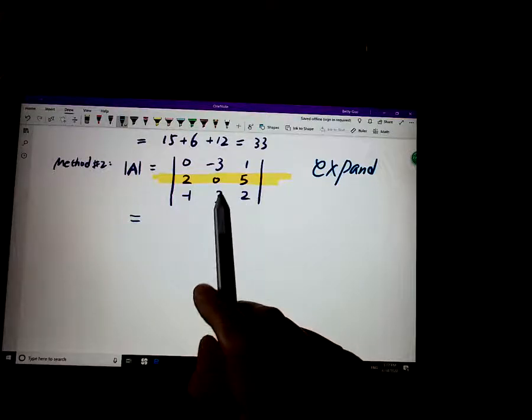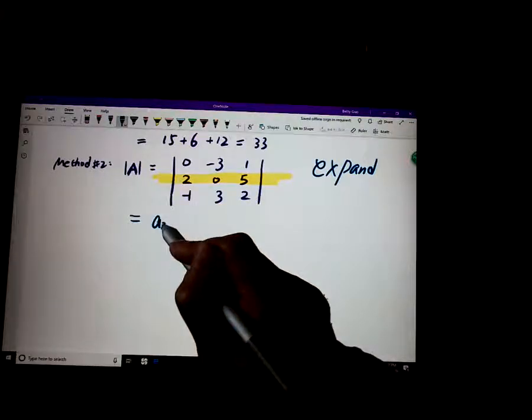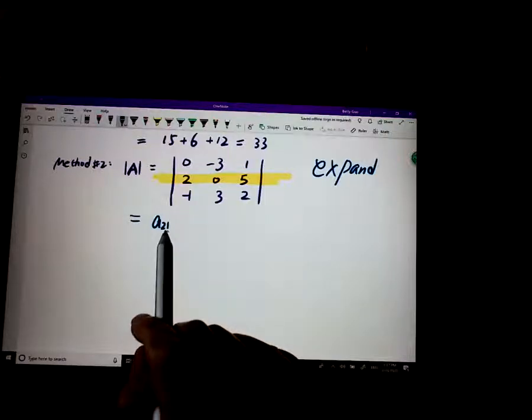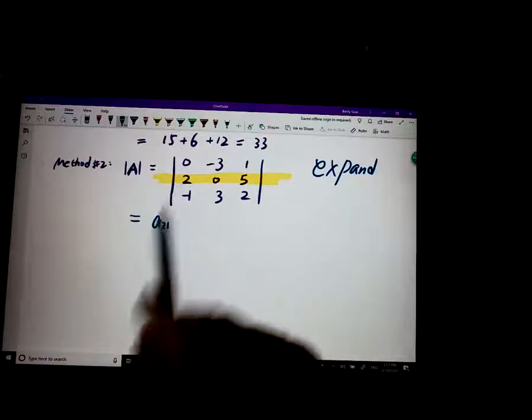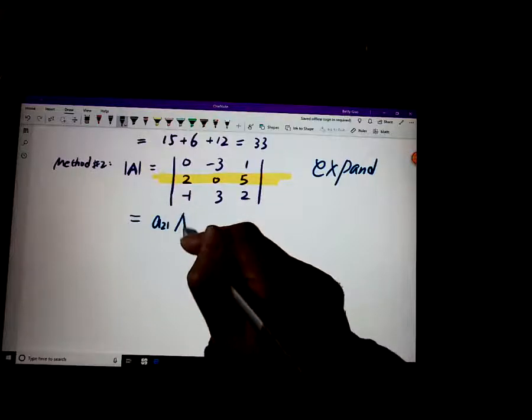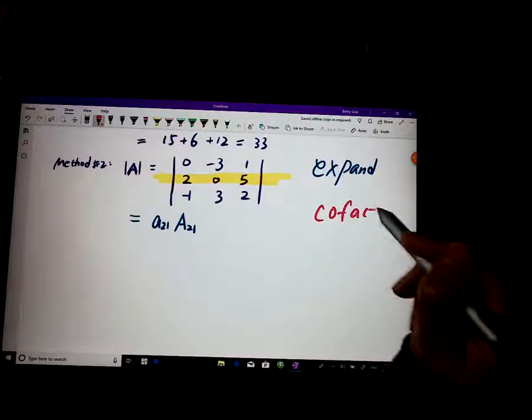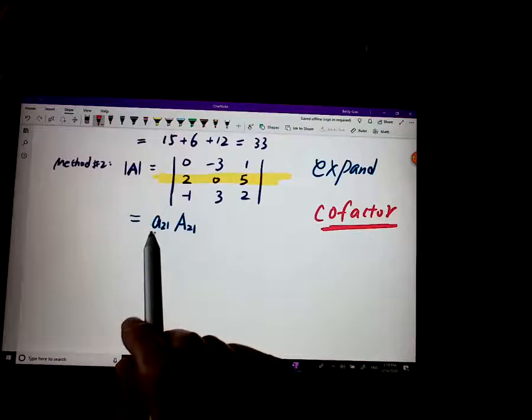So look at this number 2, this entry. It is A21. The subscript 21 means the entry is in row 2, column 1. Okay, so multiply by its cofactor, which would be capital letter A sub 21. I am going to explain the cofactor in a moment.